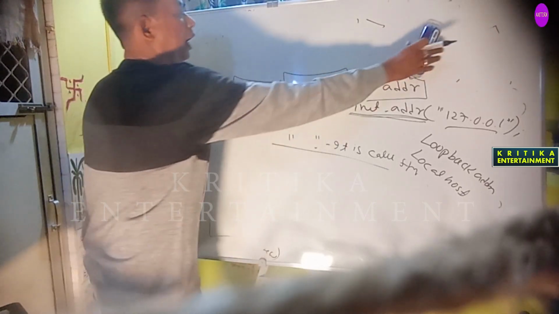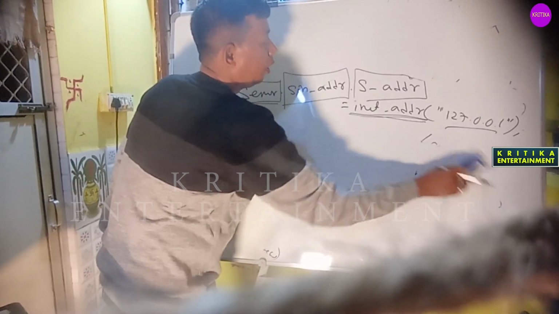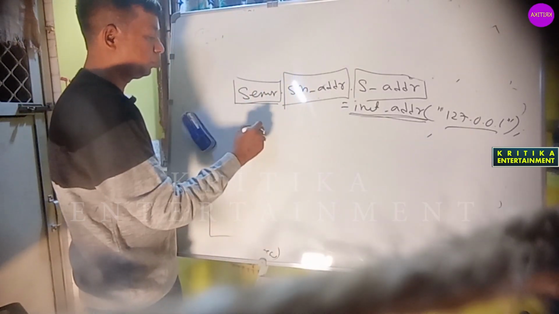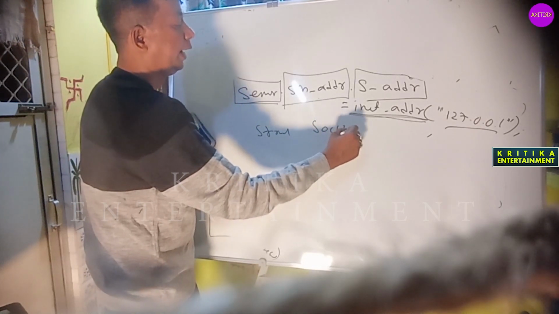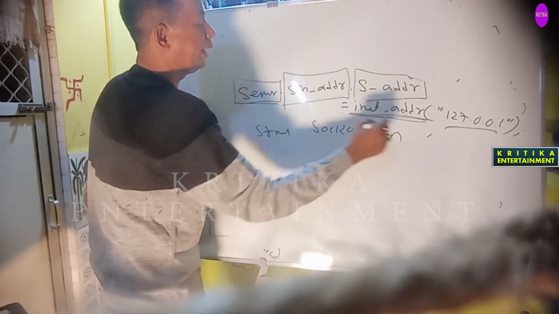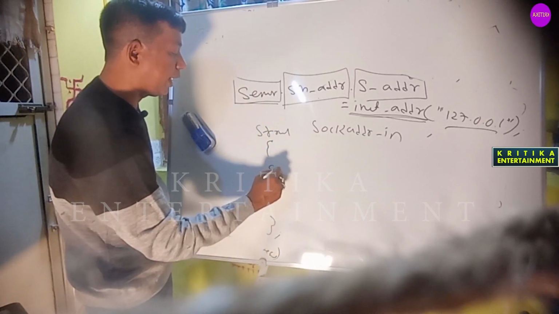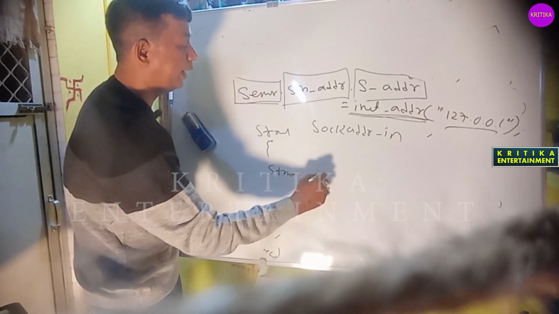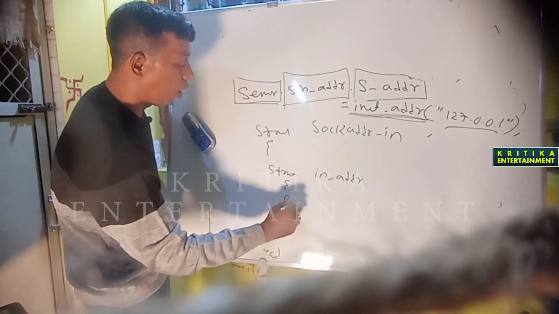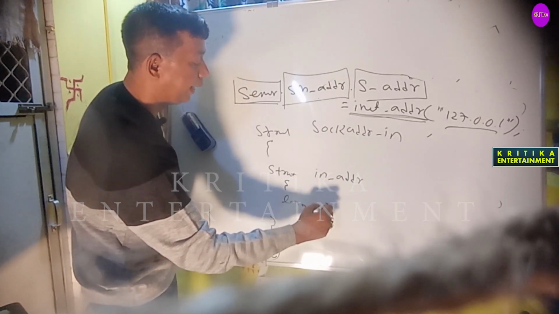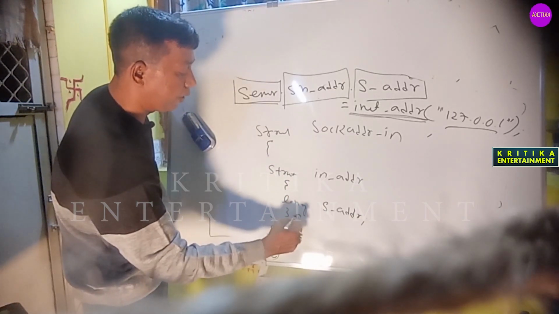Suppose I declare a simple example: struct sockaddr_in is called the outer structure. Inside the structure, there is struct in_addr, where I declare a long, s_addr, then the variable name.